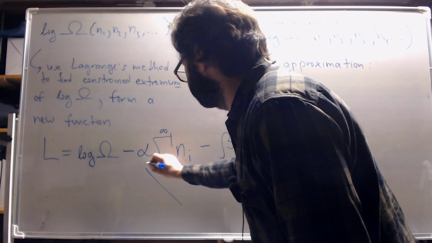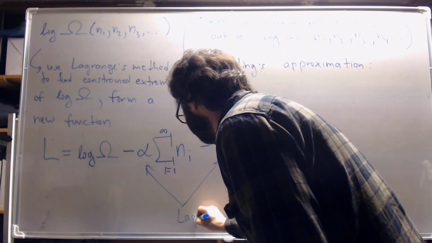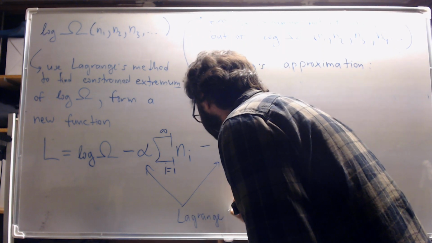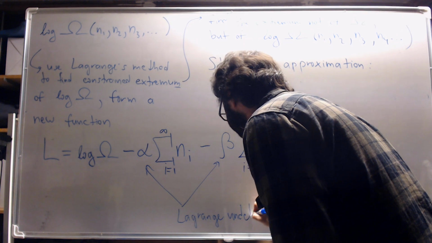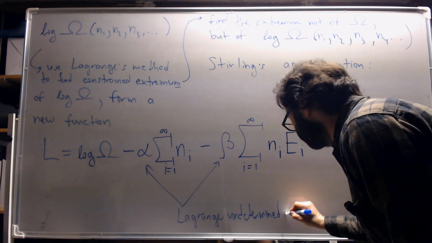Alpha and beta are known as the Lagrange undetermined multipliers, to be determined.